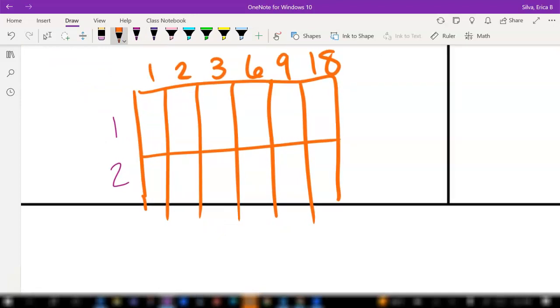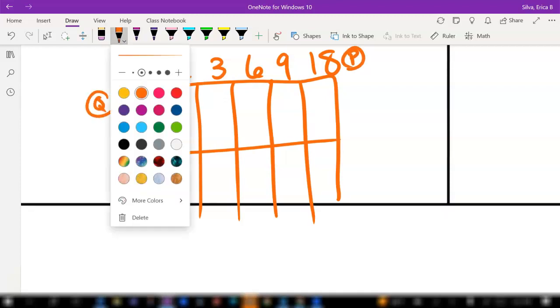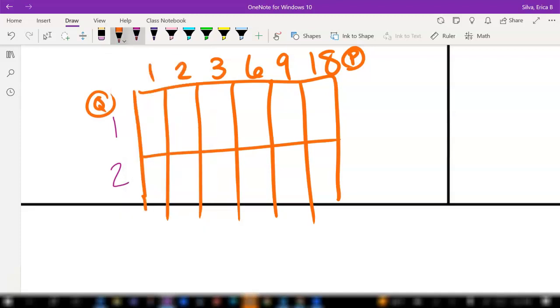So we do p over q. So these are all my p's and these are all my q's. Over here, we use 1 as my q, and over here too, but now we're going to use 2 as my q.